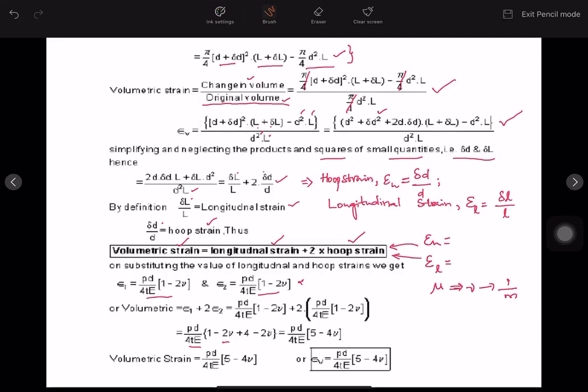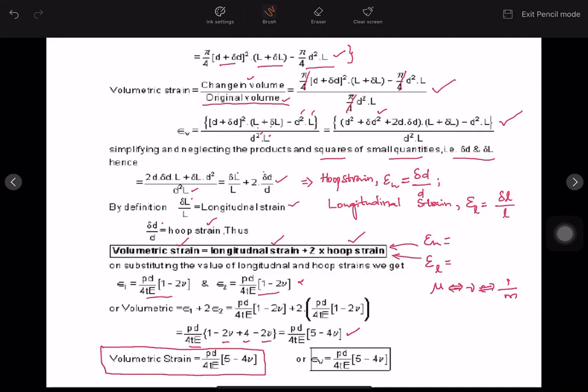Both are the same, 1 minus 2 nu plus 4 minus 2 nu, which gives us PD by 4TE into 5 minus 4 mu. So this is the ultimate equation for volumetric strain.